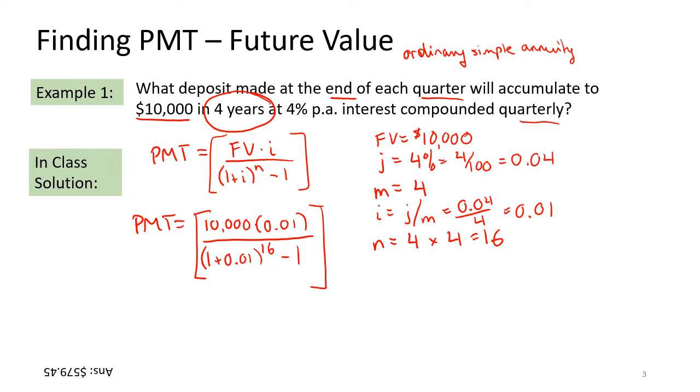If you calculate this out, doing the appropriate steps in these brackets is important. Remember back to order of operations. You get an answer of $579.45. That would be how much you'd have to deposit at the end of each quarter to accumulate to $10,000.